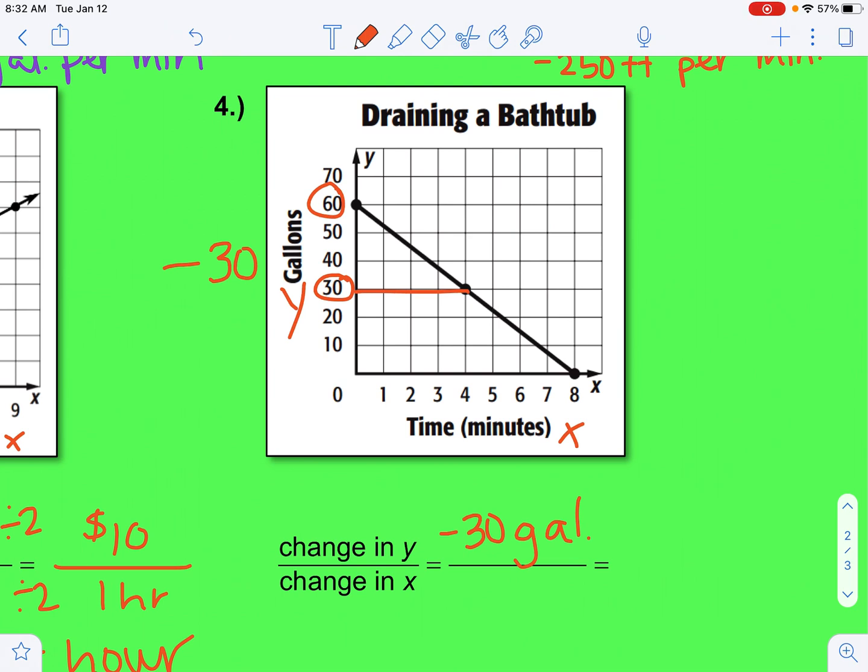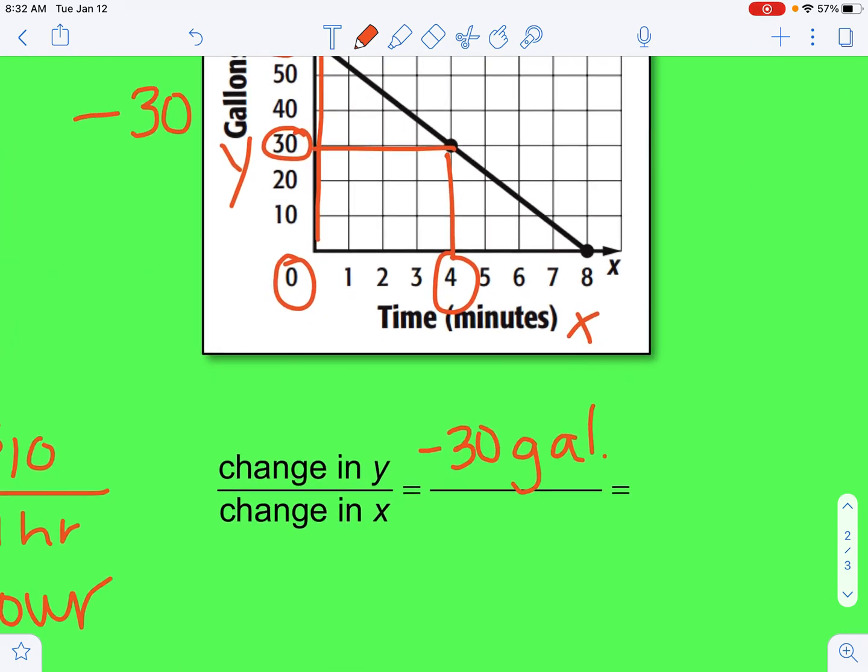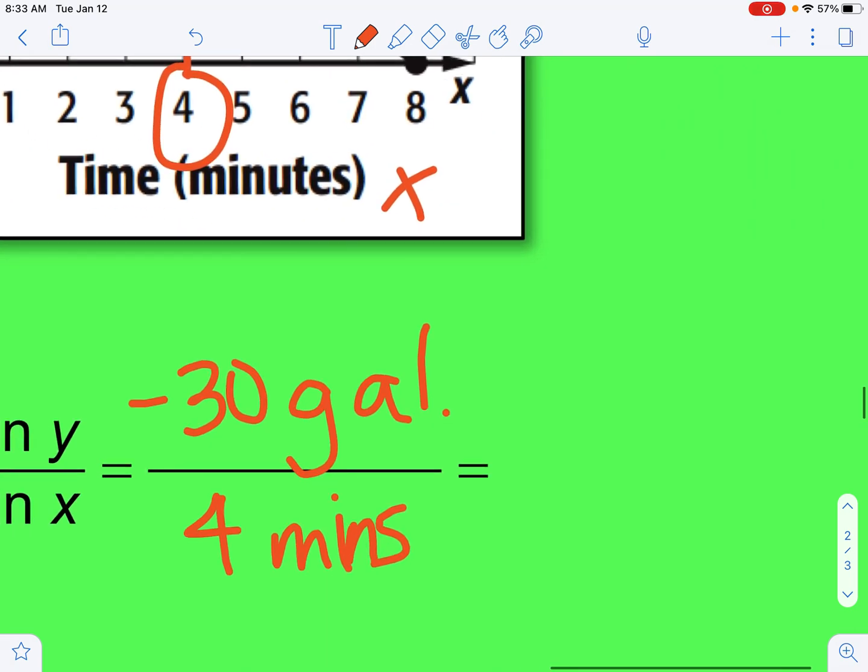And now using those same 2 dots, we're going to figure out our time in minutes, the change that is happening. So our first one was at 0. Our second dot was at 4. From 0 to 4, that's going up 4 minutes. And we can divide both of those numbers by 2 because they're both even.